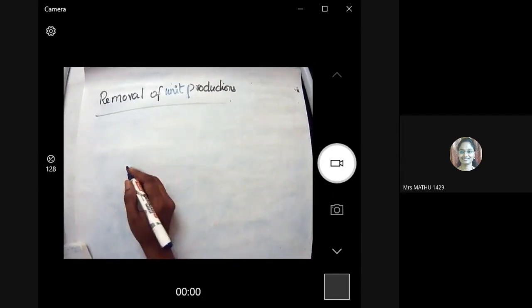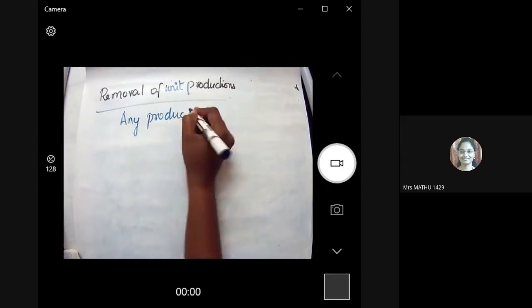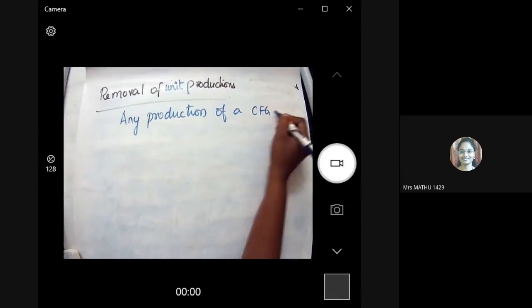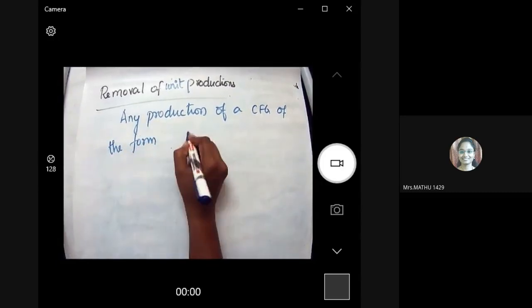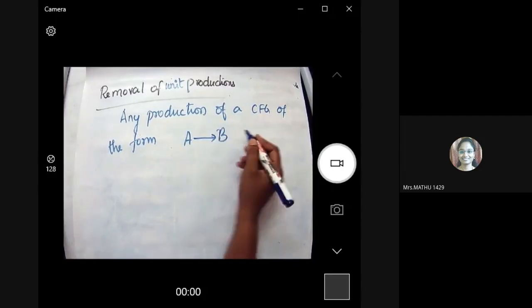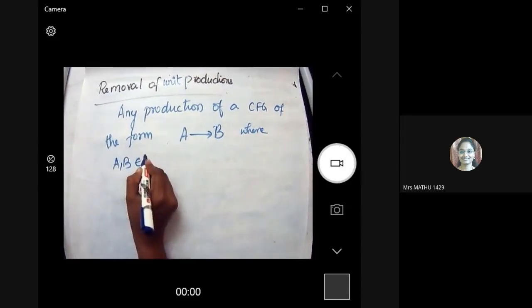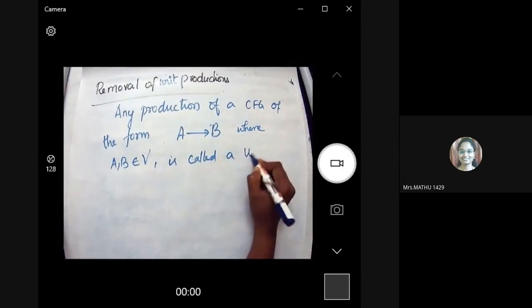So what is this unit production about, and how do we remove it? Just make a note of this definition. Any production of a context-free grammar of the form A gives B, where A and B both belong to variables, is called a unit production.